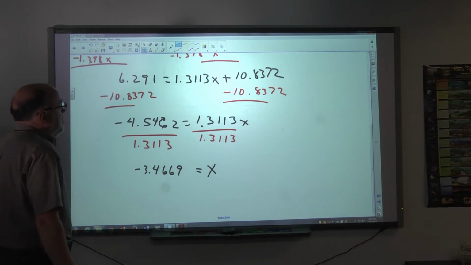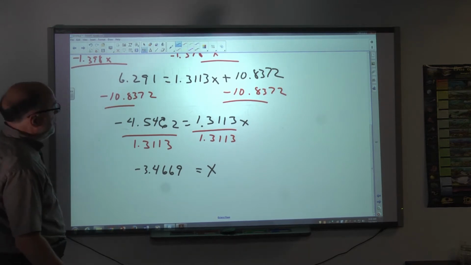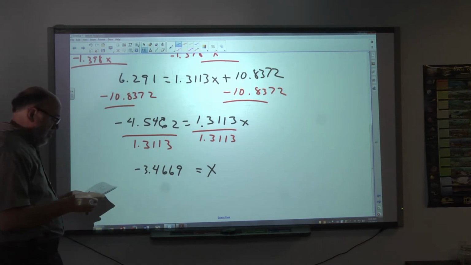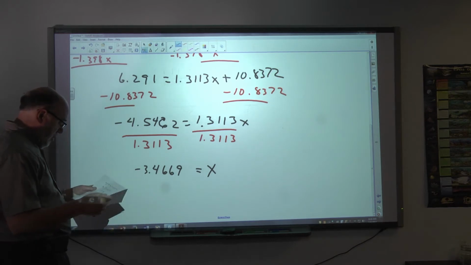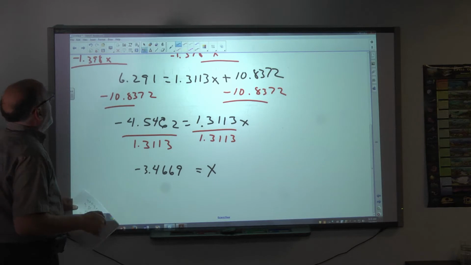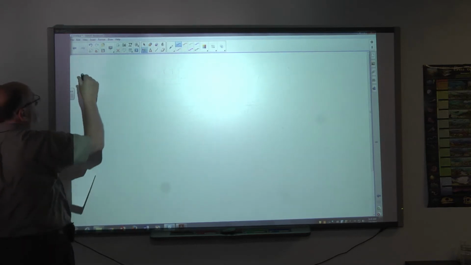Now the thing is, we have to make sure that the number is still valid. Okay. So again, we were working with an exponential, where x can be any number, so we'll be good. When we're doing logarithms and solving, we do have to check and make sure we don't end up with a log of something we can't take. Right? So let's look at another example of this.